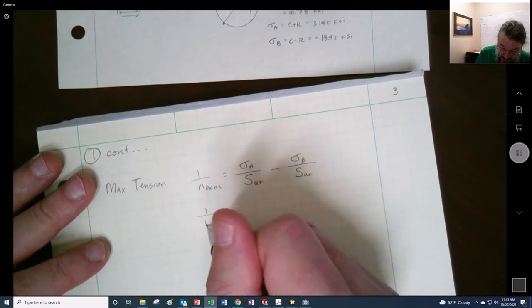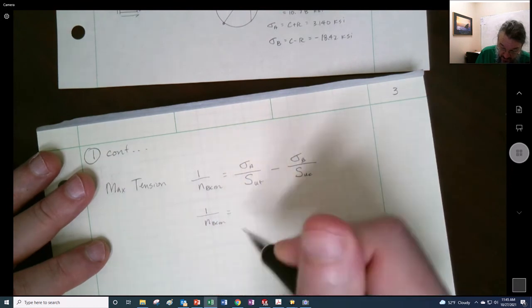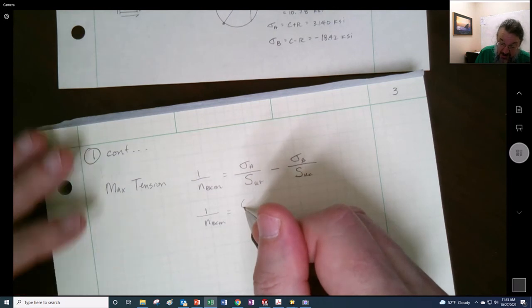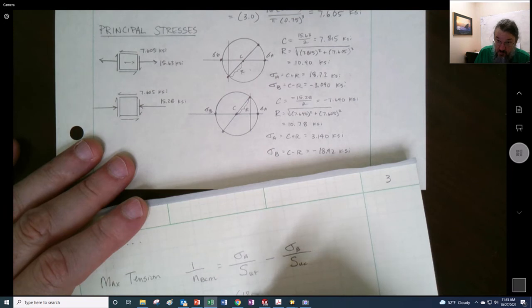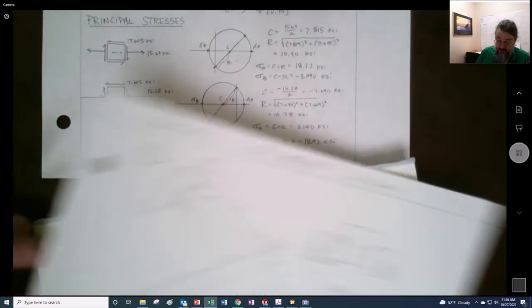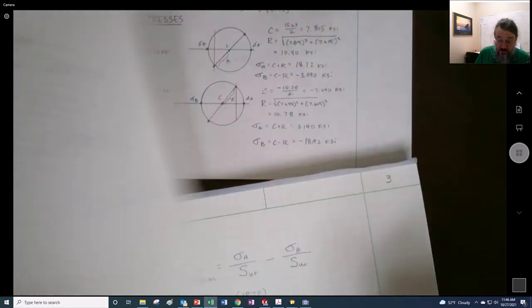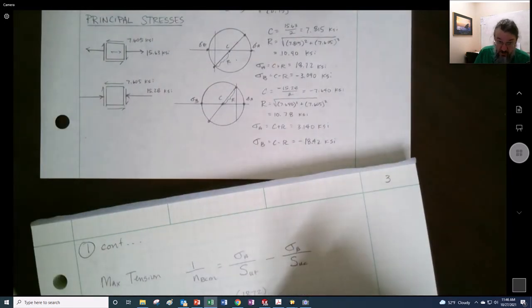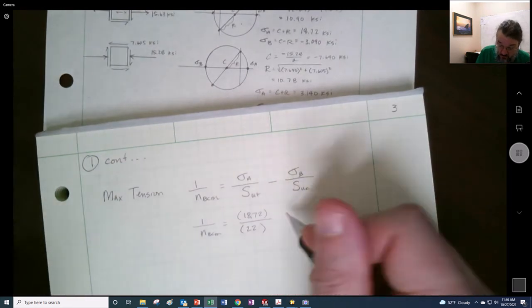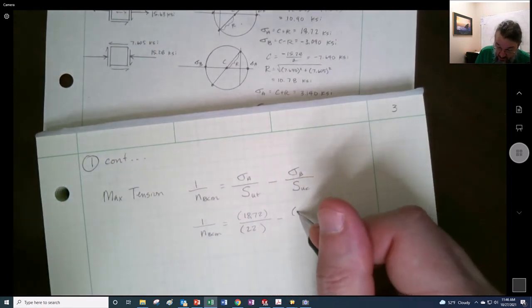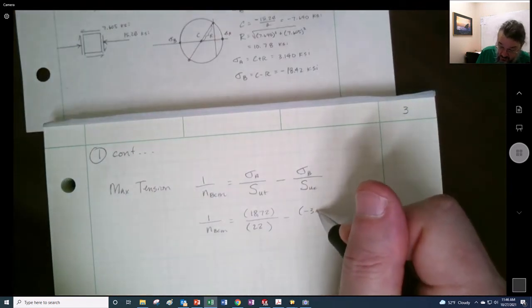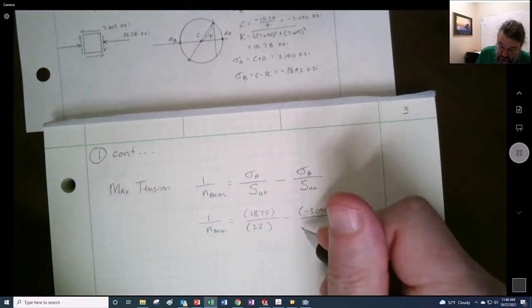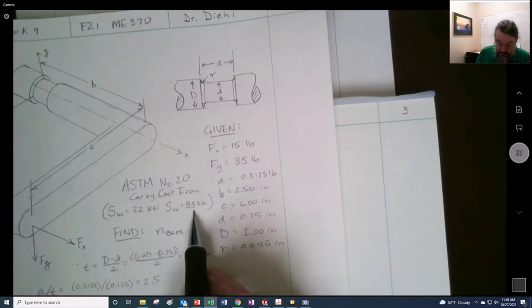So you just take brittle Coulomb-Mohr here, and sigma A is 18.72, and we're going to divide it by the ultimate 22. So it's pretty close. Then minus, because it's the minus 3.09, divided by 83, right?